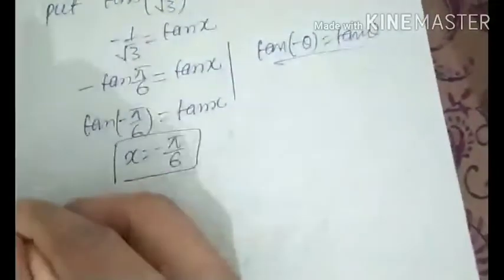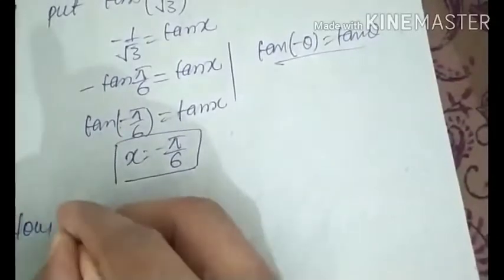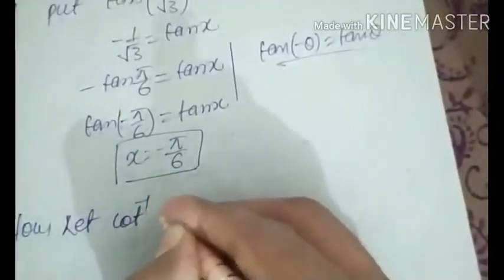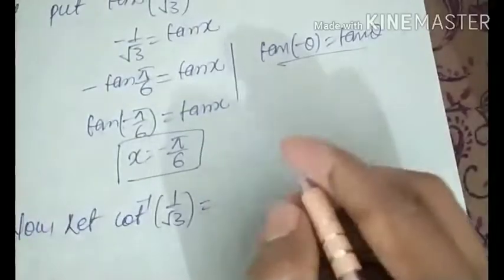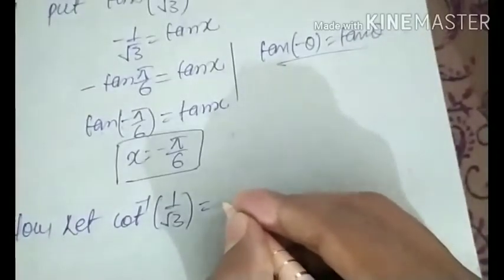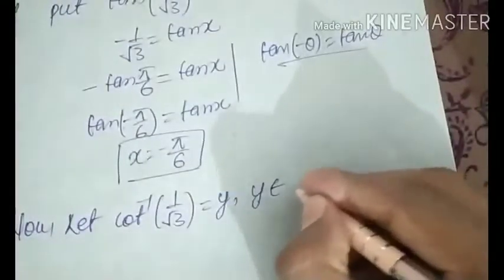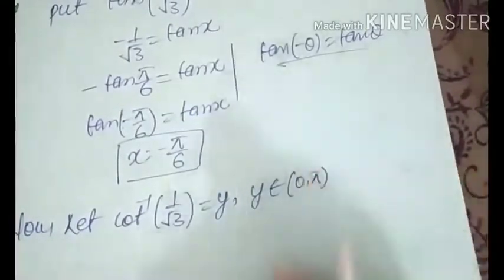Okay, now the second one is cot inverse of 1 upon under root 3 is equal to another variable, suppose this is y. Then y belongs to the open interval 0 to pi.